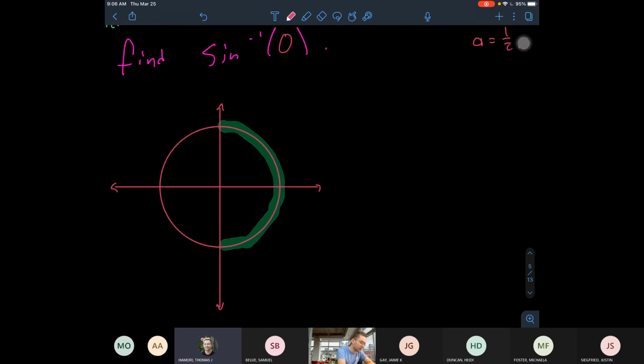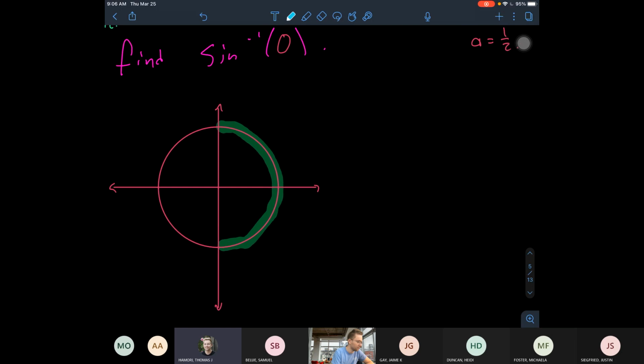So, what do we think for this? So can anybody help me solve it? What do we think is the angle which we're going to get if we do sine inverse of 0? You can type it out in the chat, or if you're brave, you can speak up on the mic. Anyone feel like they're confident in their solution? Or anyone not confident in their solution want to kind of wager a guess here?